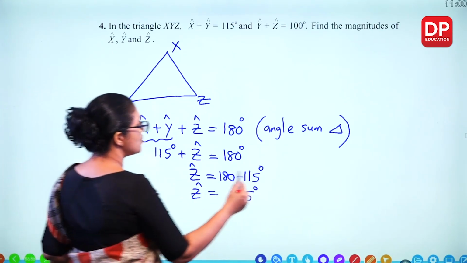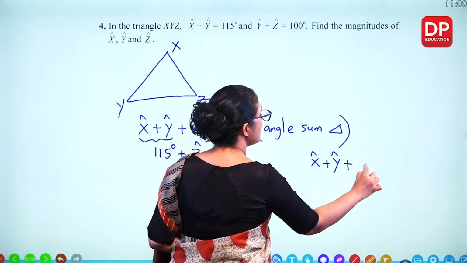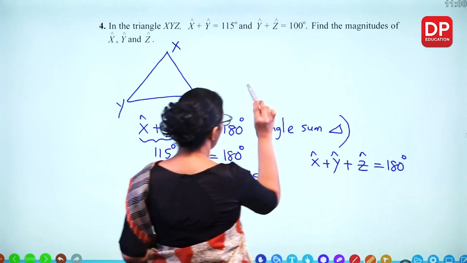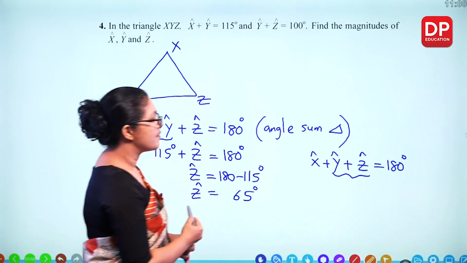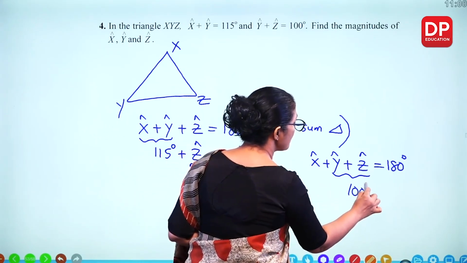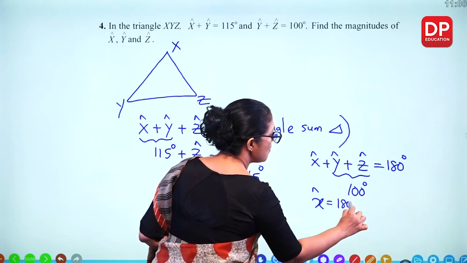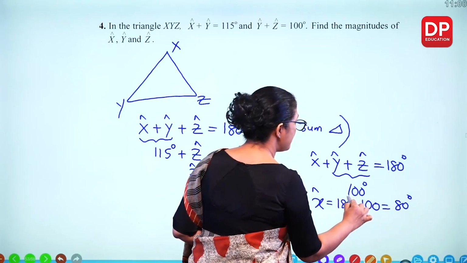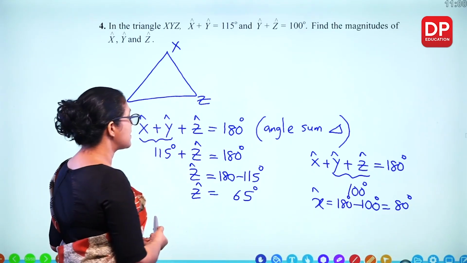And when you take the other way around, x plus y plus z is 180, y plus z, these two, 100 degrees. So what's x? X becomes 180 minus 100. That's 80 degrees. So x is 80, z is 65.